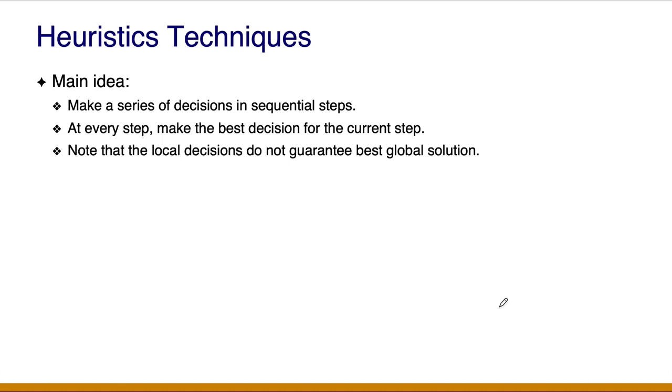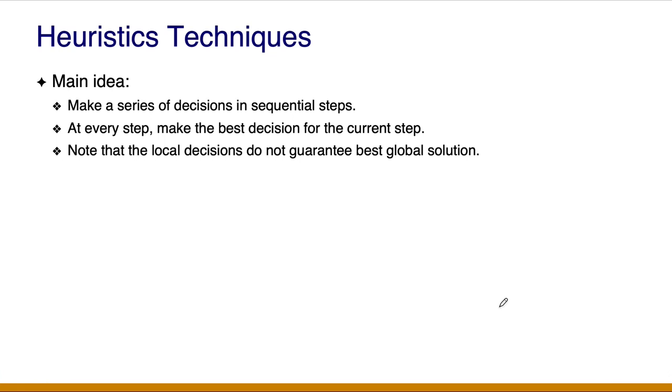So the heuristic idea is to basically just make a series of decisions on the go, right? So you try to make the best possible decision as you can in each and every step, but not over all the steps, because you know that if you try to make the best possible decision over all the steps, then it becomes combinatorial. You have to apply the product rule, which means that you have to explore, for example, exponential numbers of possibilities or factorial numbers of possibilities.